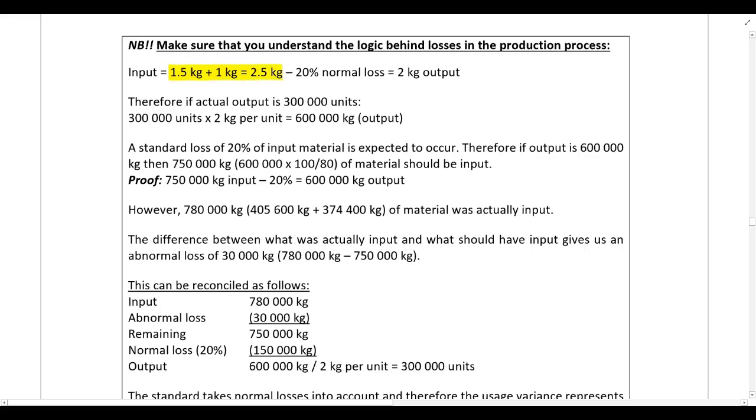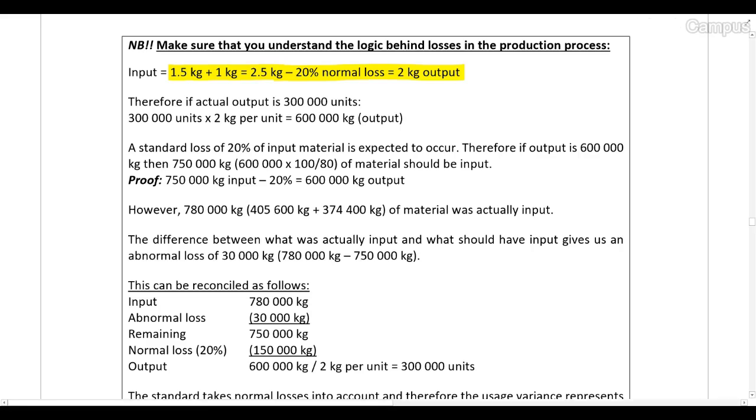So that gives us a total of 2.5 kilograms that they are inputting into the production process in order to make 1 unit. There's then a 20% normal loss, which means if they input 2.5 kilograms into the production process, they will only get 2 kilograms out the other side. And 1 unit is equal to 2 kilograms. So we can see that works perfectly.